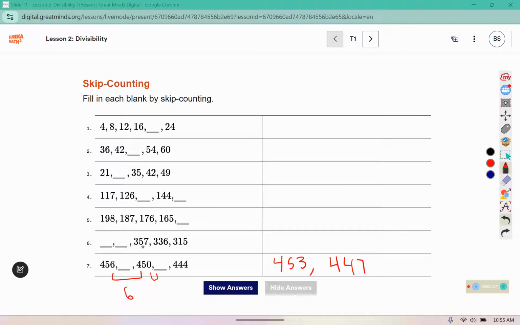Here, from 357 to 336, that's going down as well. And it goes down, let's see, we have 357 minus 336. That would be 21.